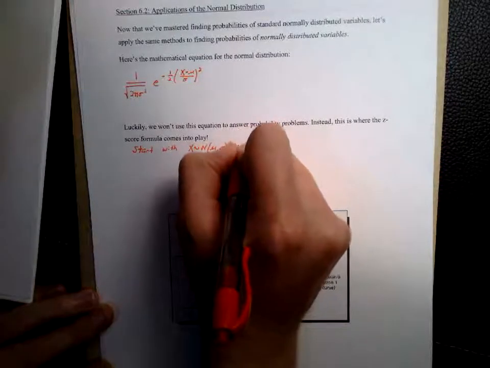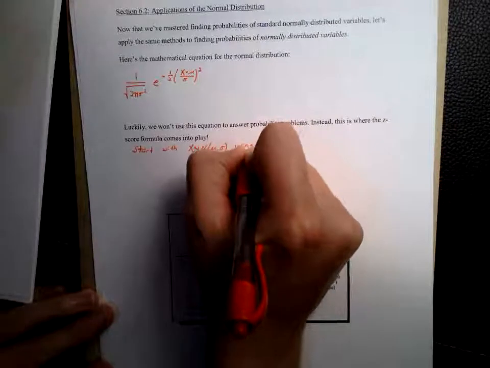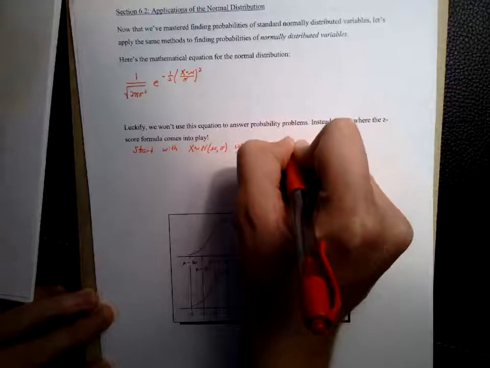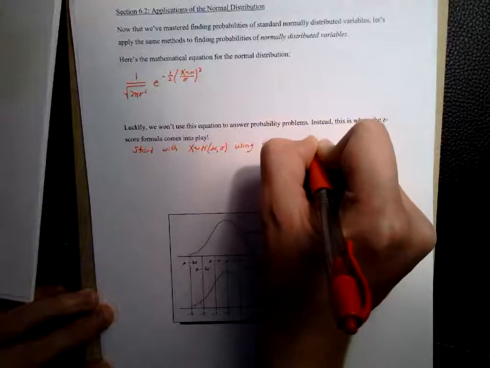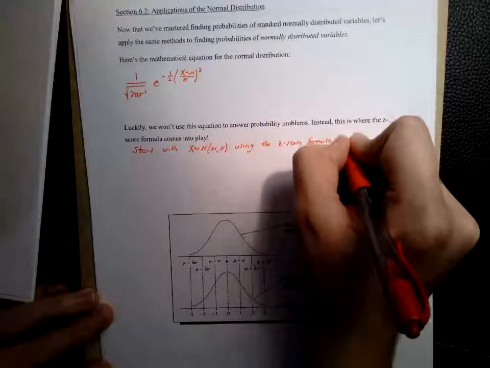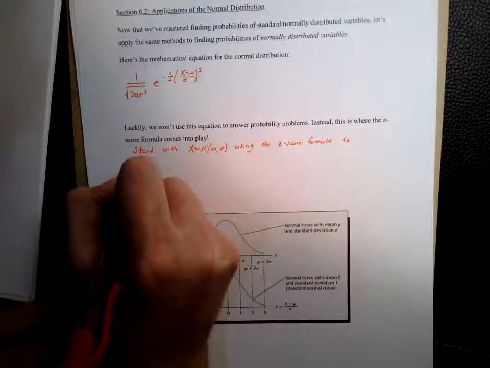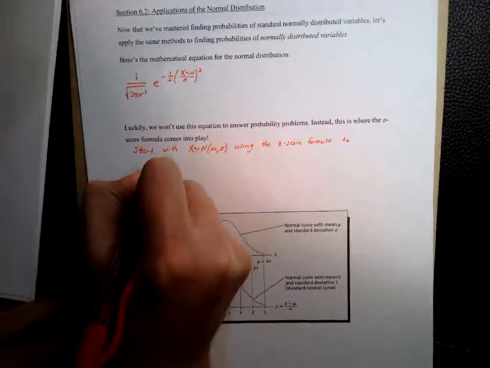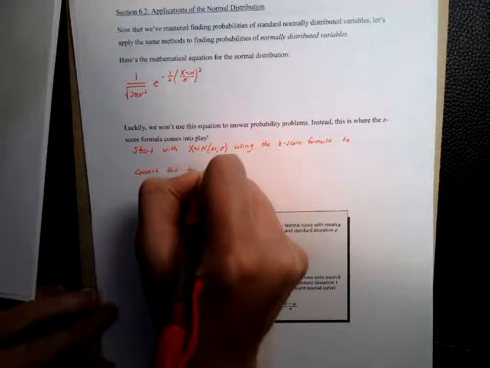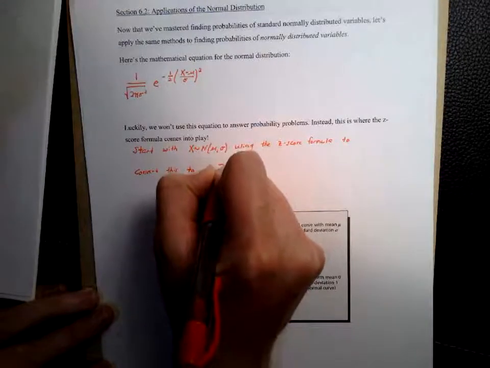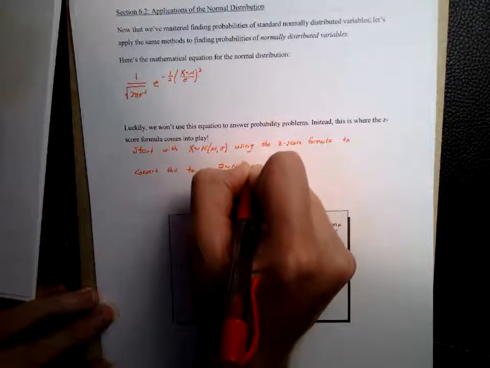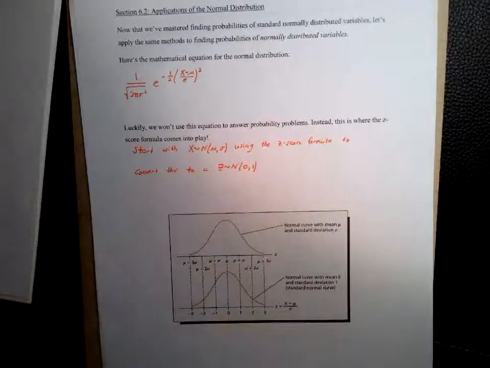Then using the z-score formula, we convert this to z distribution, which is a standard normal that has a mean of 0 and a standard deviation of 1.